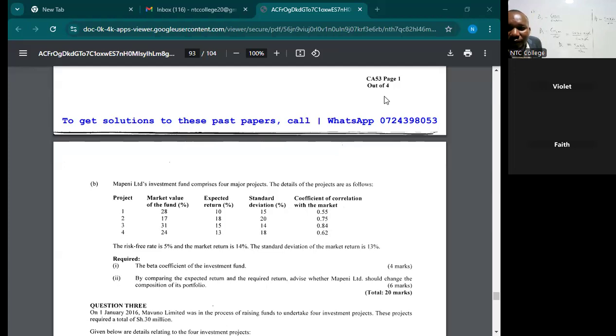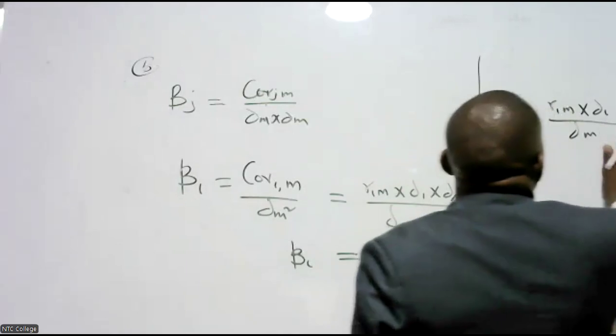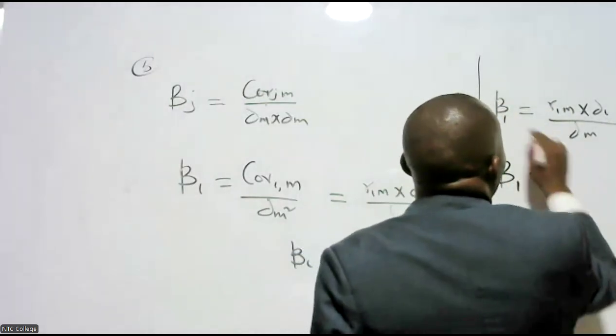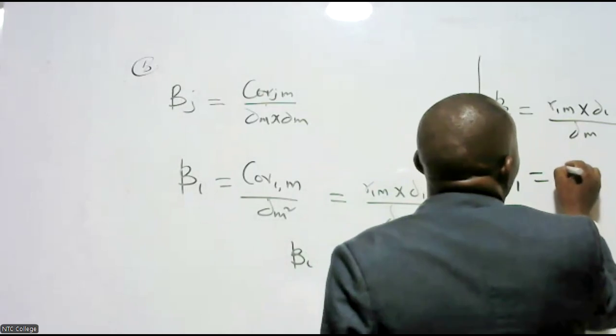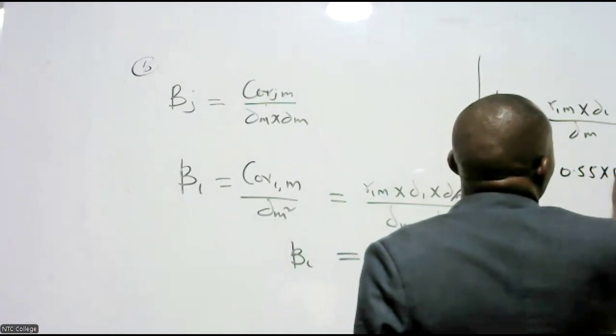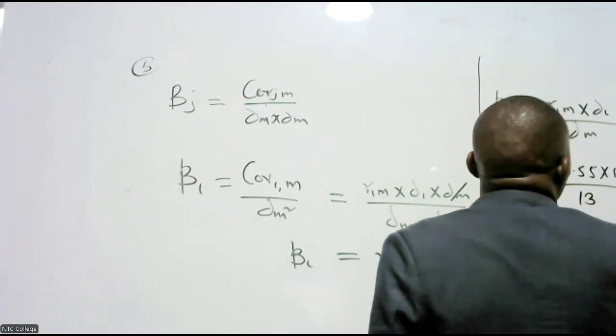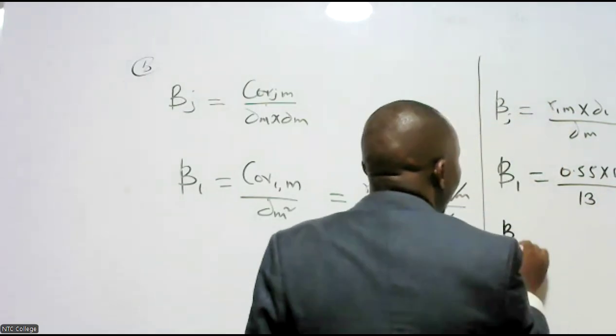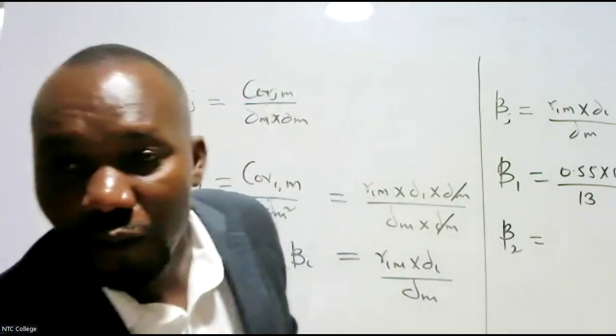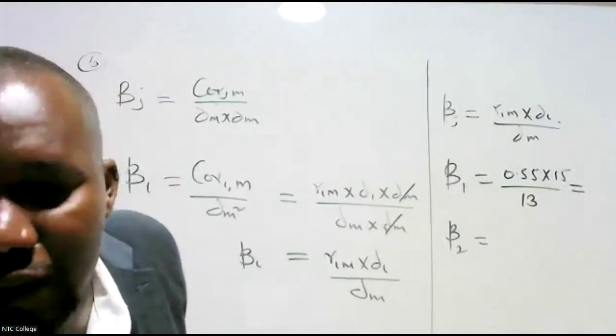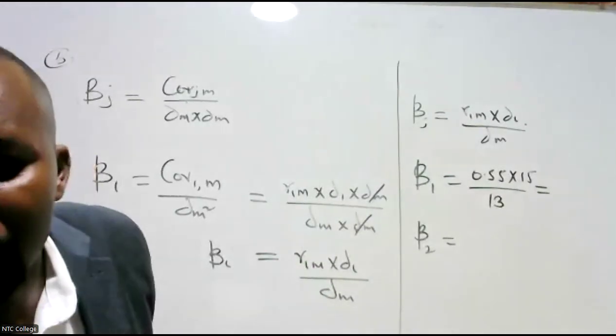Are we together? Risk of the market is given as 13, that is the standard deviation, and the standard deviations for all the securities are given here. The first one is 15. So we can confidently say that B1 is now 0.55 times 15 all over 13. Get your answer there. Then the same way we come to B2. B2, we are now flowing, because we know what we are doing.